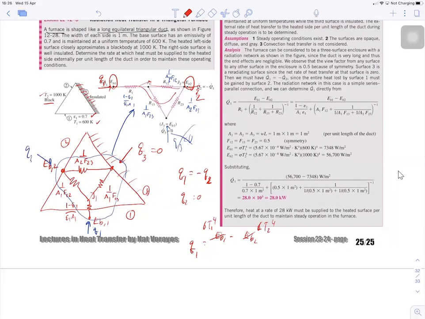It's already given the temperatures: on the left-hand side is 1,000 Kelvin, on the base is 600. So T1 and T2 are already known. They ask you to find the heat, which is Q1, so you have to find the thermal resistance, and the thermal resistance is something like this.